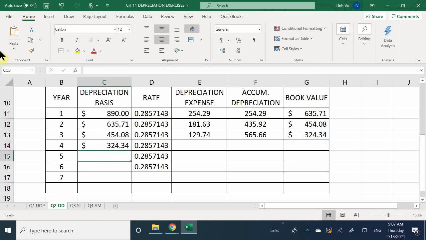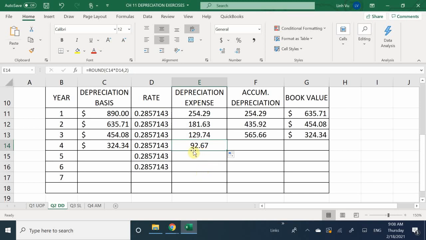Okay. So again, what is going to be my depreciation expense for year 4? 92.67. You might have rounded earlier.